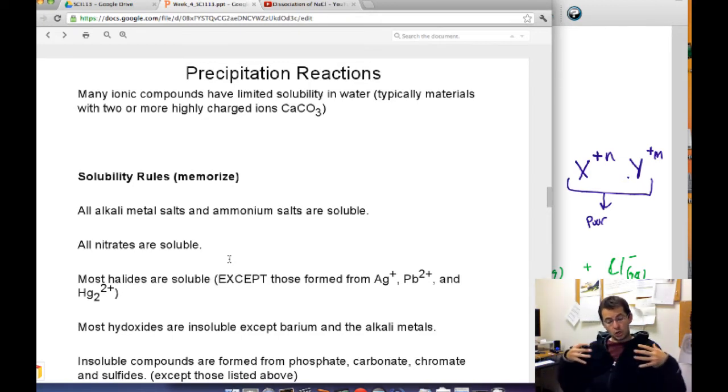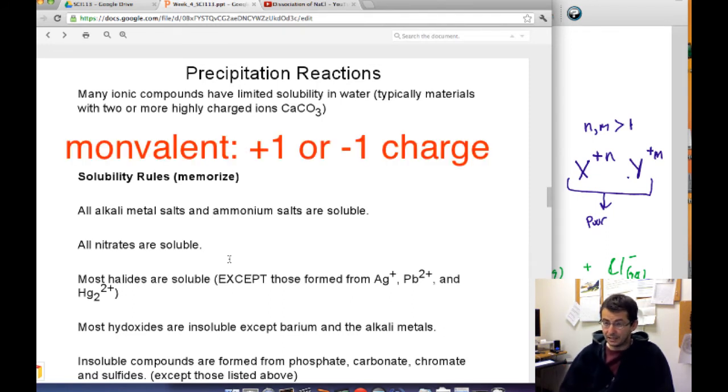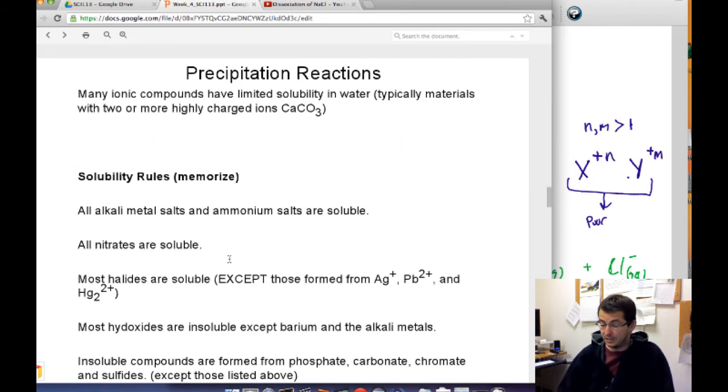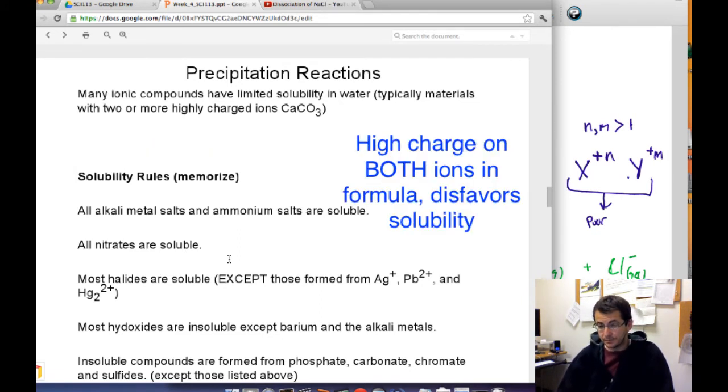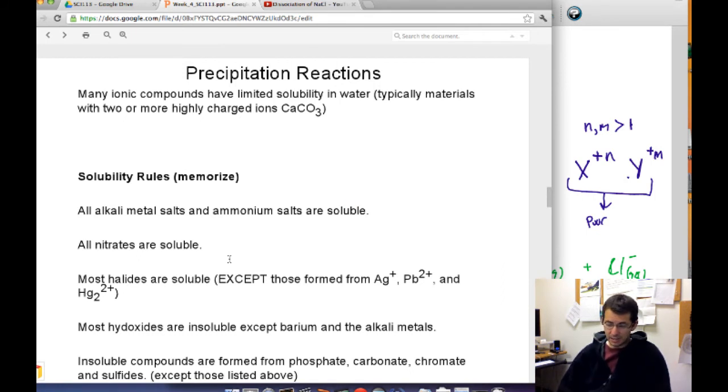The strong charges pull one another towards one another, forcing them out of solution. Usually when N and M are greater than 1, this material is less likely to be soluble. And there are exceptions, lots of exceptions. There's lots of monovalent ions, +1 or -1, that do not favor solubility. But for the most part, high charge, poor solubility. So if you see a lot of +2, +3 ions, chances are good the stuff's not going to be soluble.